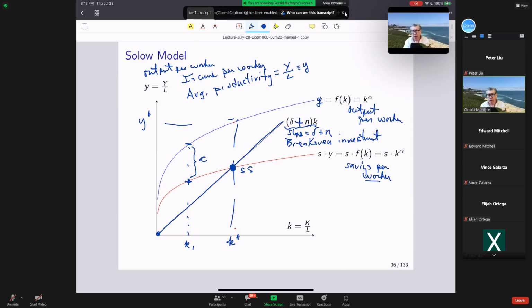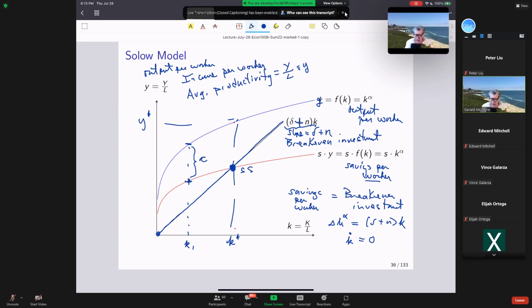One way of saying it is that savings per worker is equal to break-even investment. And mathematically, that says s times k to the alpha is equal to delta plus n times k, or that k dot is equal to 0.